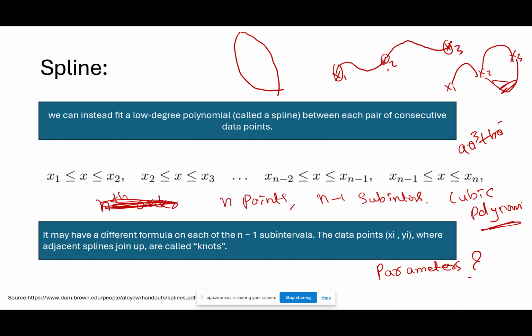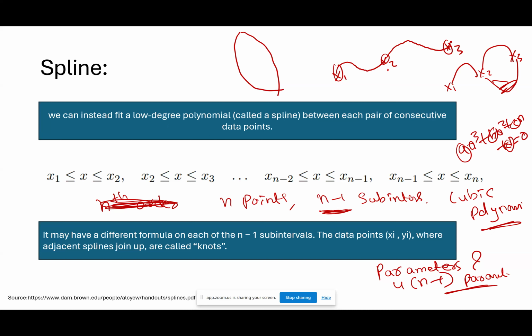Ax cube plus bx square plus cx plus d. These are unknowns. So for a cubic polynomial, it's 4. Here there are n minus 1 subintervals, so it will be 4 into n minus 1 parameters we need to estimate. It's clear, right?